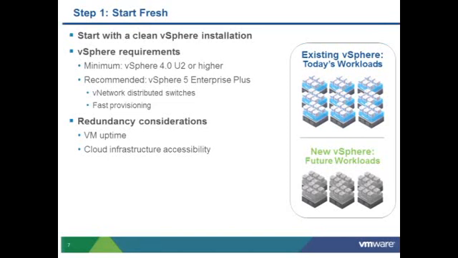A secondary consideration is to make sure that your management and your infrastructure components also have some redundancy, although it's less critical than your VM workloads because, if those pieces come down for a little bit, it's okay.